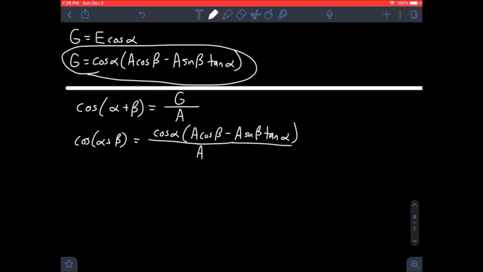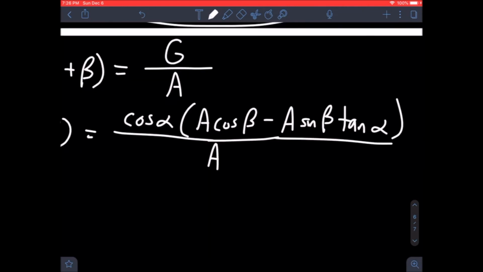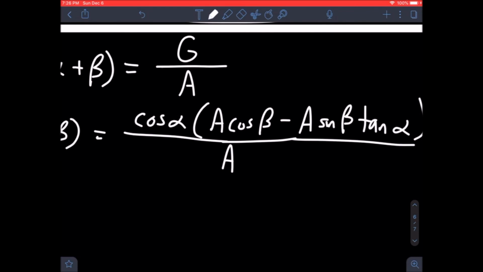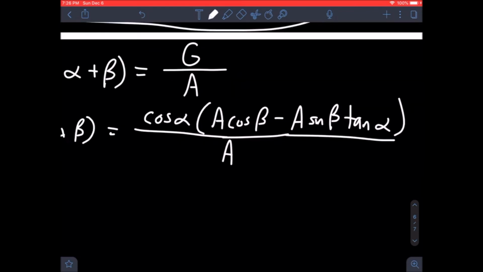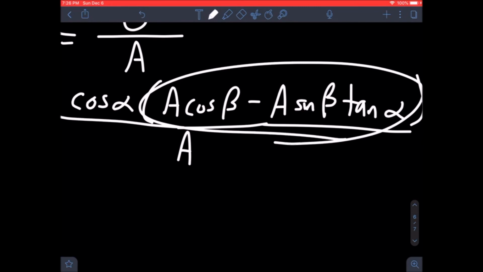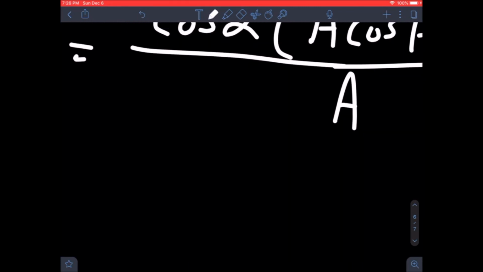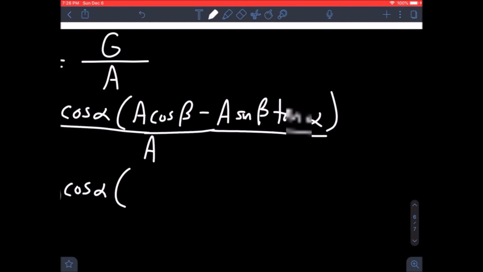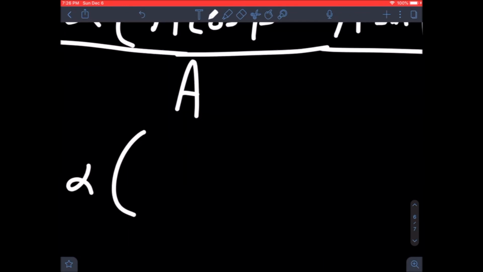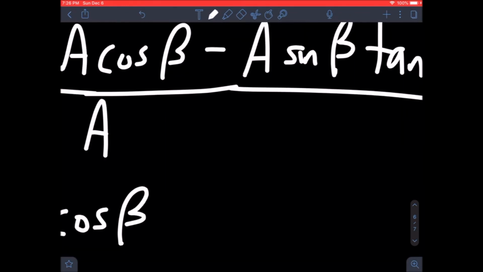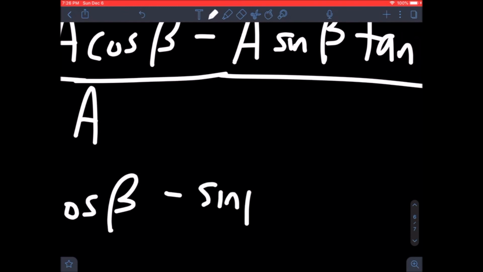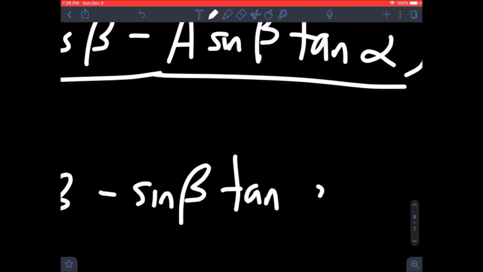Now that we have that, you might be thinking, we need the A's to cancel out. Some of you might wonder how the A's even cancel out. The way I'm going to show you is to factor out A in the numerator, and I get A cosine alpha times, and what's left inside the parentheses is cosine of beta minus the sine of beta times tan of alpha.